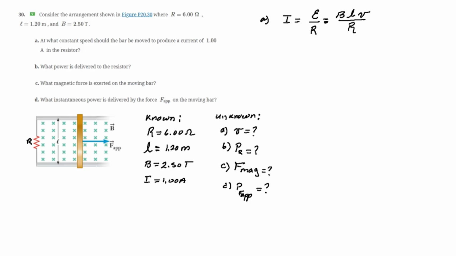So this is the same formula that I used in the previous exercise: induced electromotive force equals intensity of the field times length times speed.